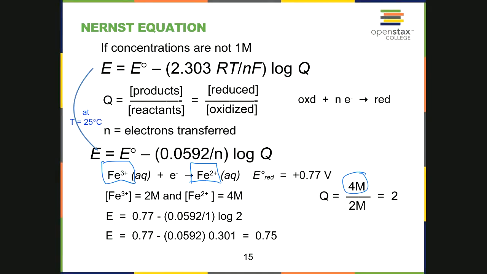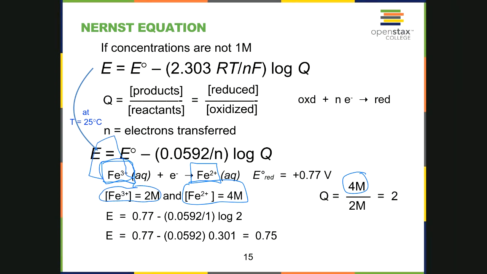We get that from here, where they told us the concentration of the iron 2 is 4 molar. Then our oxidized form is the one with the greater positive charge, the 3+, and its concentration is given here as 2, so that's where this 2 comes from.